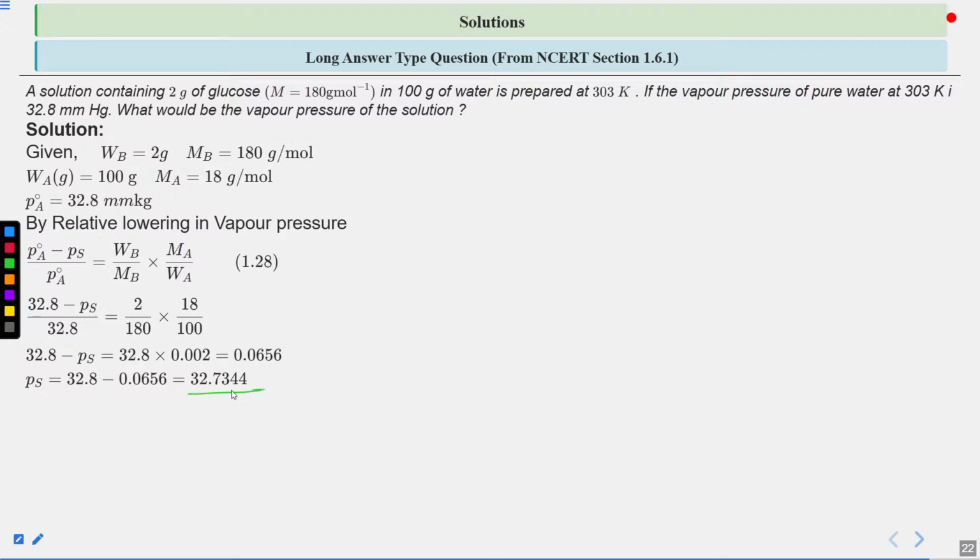This will be 32.7344. This will be the vapor pressure of solution. So vapor pressure of solution is 32.73 mm of Hg. This will be the correct solution and the correct answer for our given question.